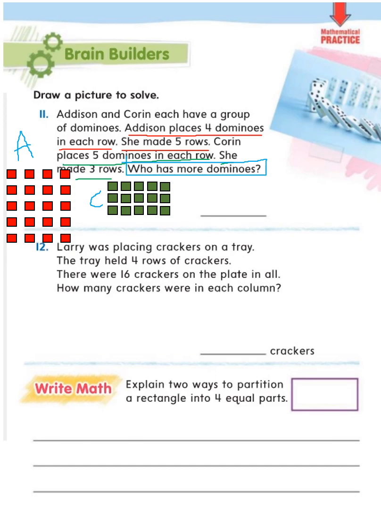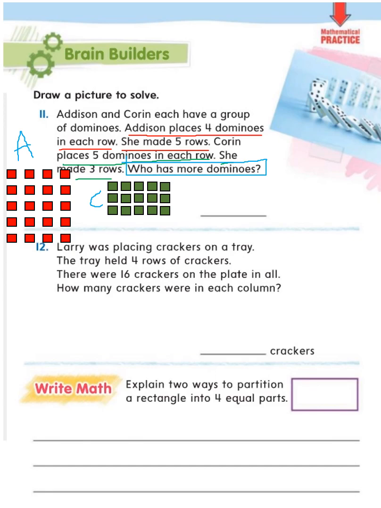Explain 2 ways to partition a rectangle into 4 equal parts. And if you watched the other video with the fractions, you might have seen enough rectangles for one day. How can you partition this rectangle into 4 equal parts? You can draw 3 vertical lines, because if you do that, you've got 1, 2, 3, 4.